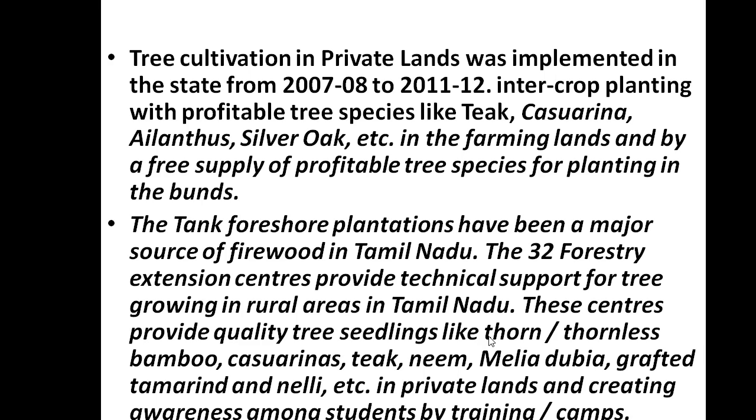The tank foreshore plantations have been a major source of firewood in Tamil Nadu, and 32 forestry extension centers provide technical support for tree growing in the rural areas. These centers provide quality tree seedlings like thornless bamboo, casuarina, teak, neem, Melia dubia, grafted tamarind, and nelly.